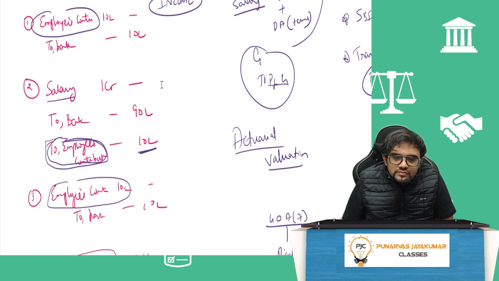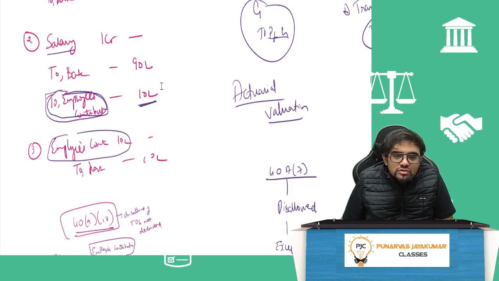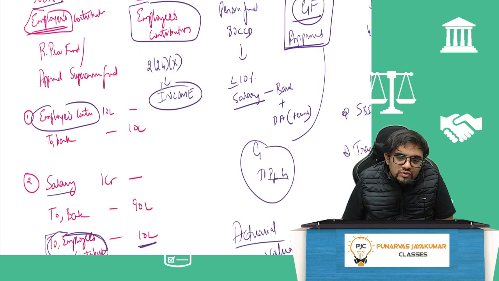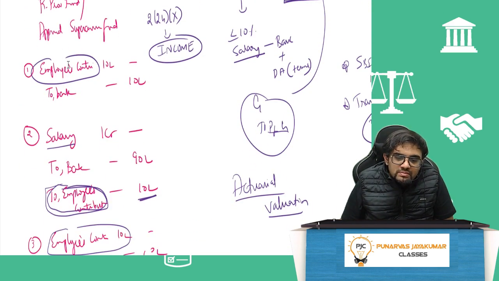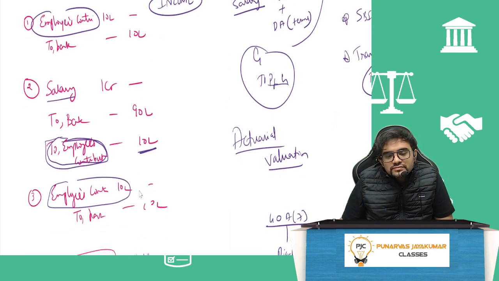Then salary 1 crore, to bank 90 lakh, to employee's contribution. This is the entry that I will do in case I have to use the employee's contribution. Employer's contribution directly I will do: employer's contribution 10 lakh to bank. This employer's contribution, is it allowed? Yes, it's allowed under 36(1)(iv). But from the employee also I will deduct, no. Salary 1 crore, bank 90 lakh, employee's contribution 10 lakh. Then employee's contribution to bank 10 lakh.